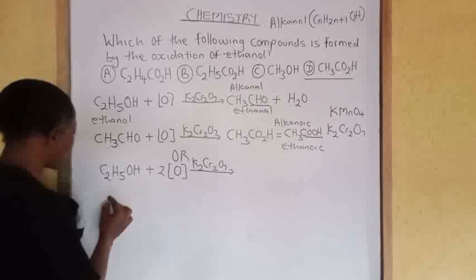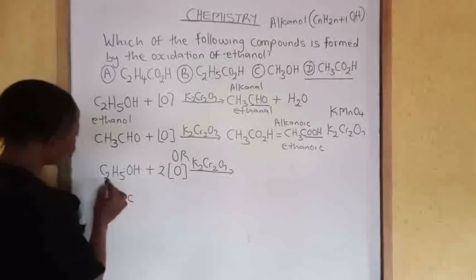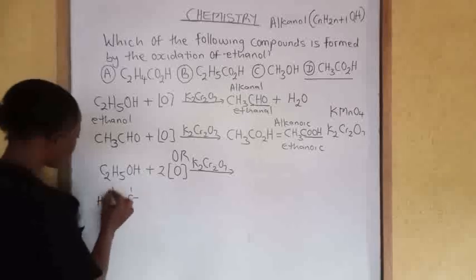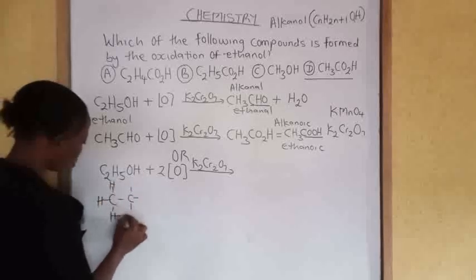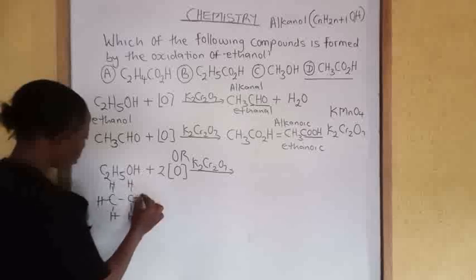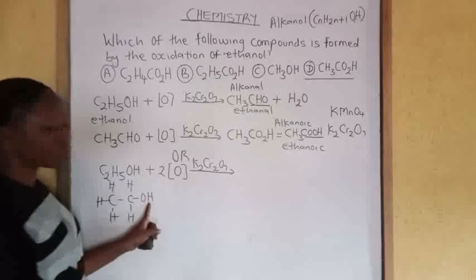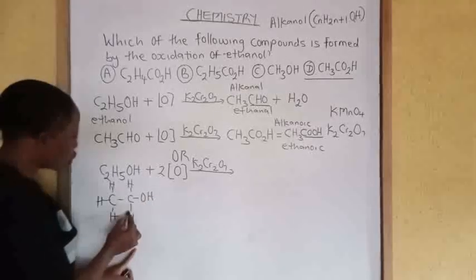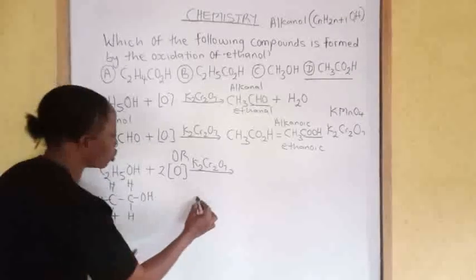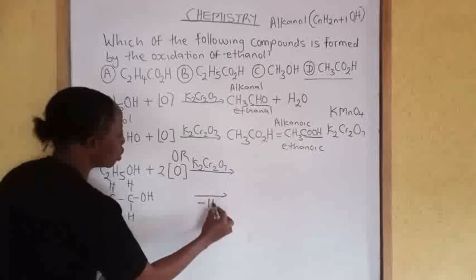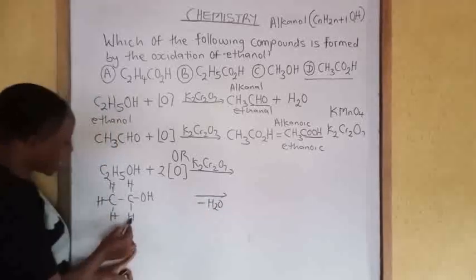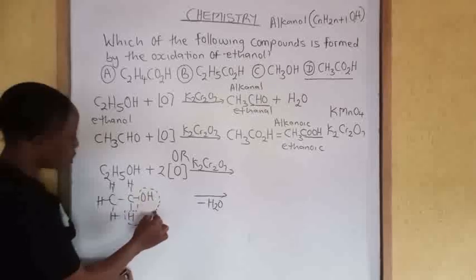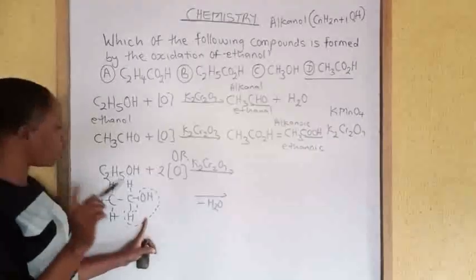So let's do it with structure. 2 carbon atoms with chemical bonds, followed by the hydroxy group. You eliminate a water molecule. This hydrogen and this hydroxy group will give you one molecule of water.